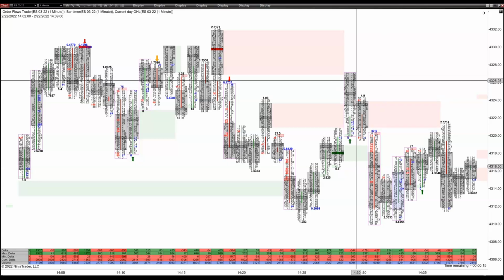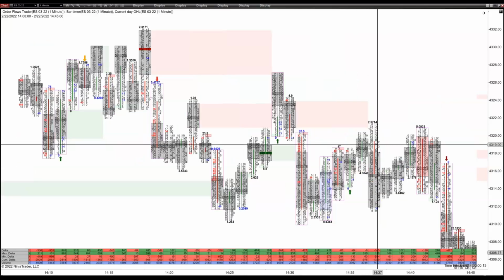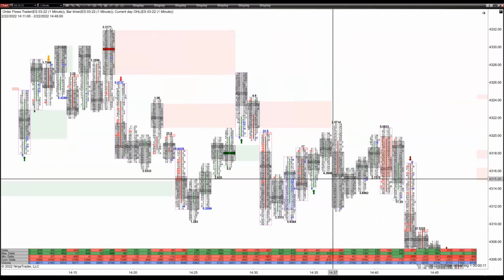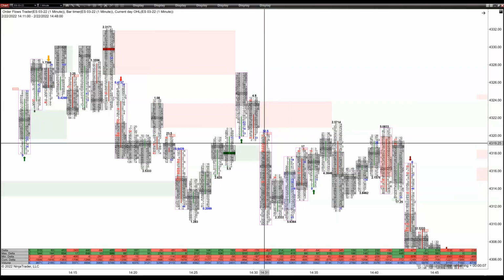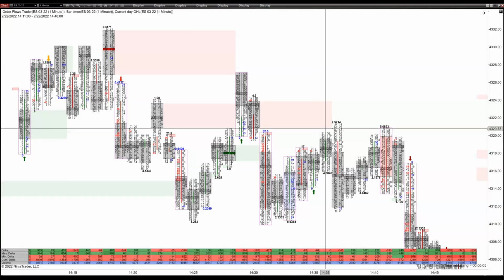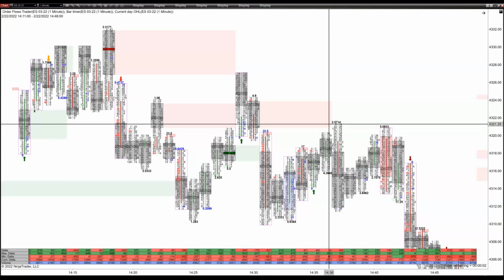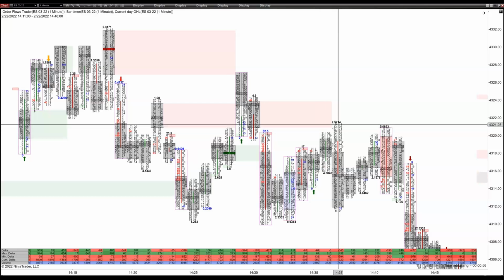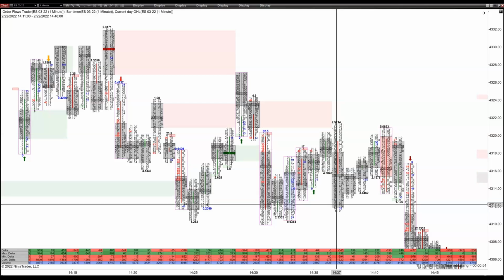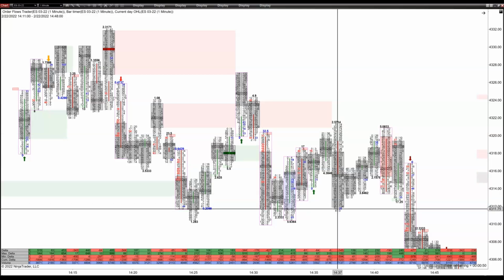Again from that 28 area all the way down into the teens, leaving another zone right here. Came back in, rallied back up into that zone. 21.25, held it. Same bar, right? From 21.25, literally down to 12. What is that? 11.5.